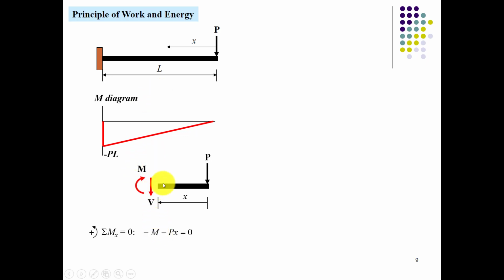Like you can take the moment at this point equal to 0, then P into x would be treated as negative, because we have a convention of counterclockwise as positive. It is clockwise, so it would also be taken as negative. So the moment comes out as negative Px.